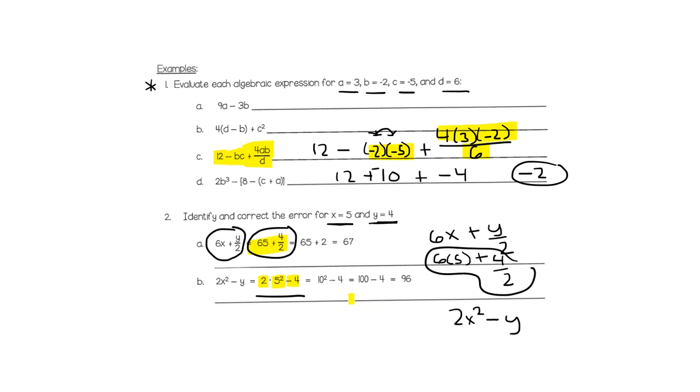And then from there, when you're looking at this expression, 2 times 5 squared minus 4, you should do the exponent before you do the multiplication. So the thing that they did wrong here is they did 2 times 5 and then squared that. So this right here is a place where they went wrong.